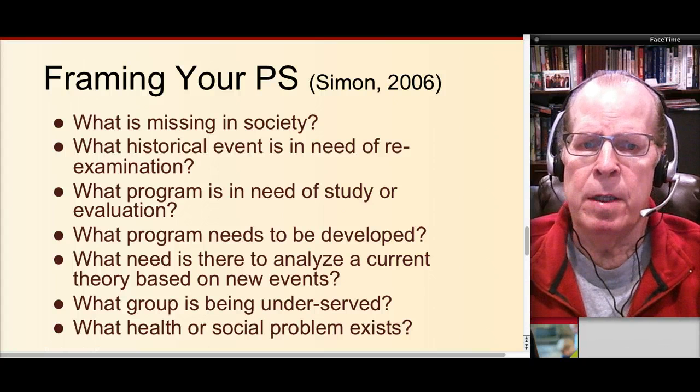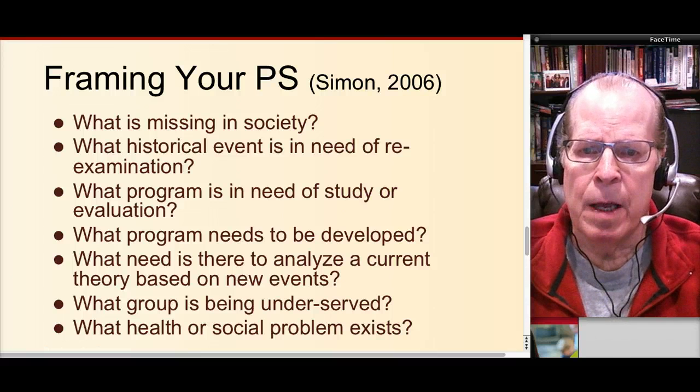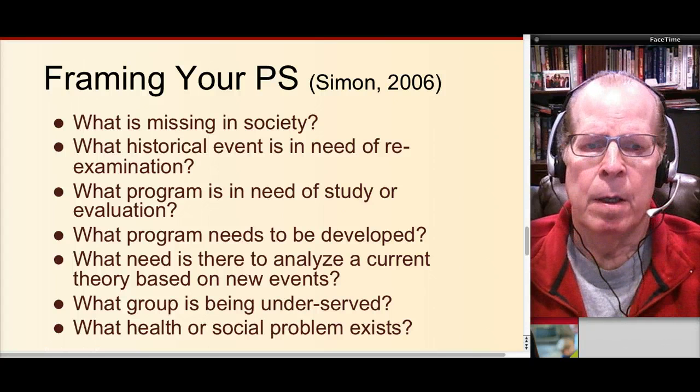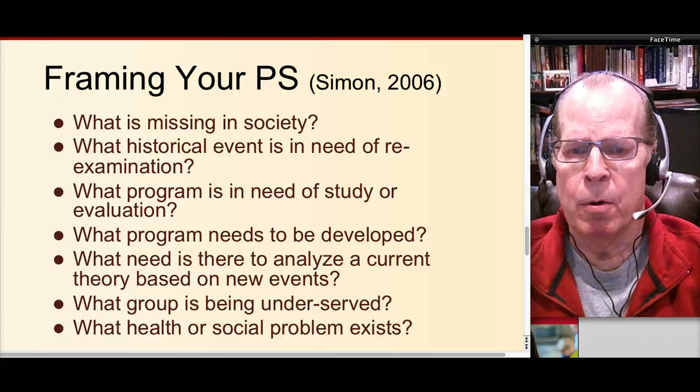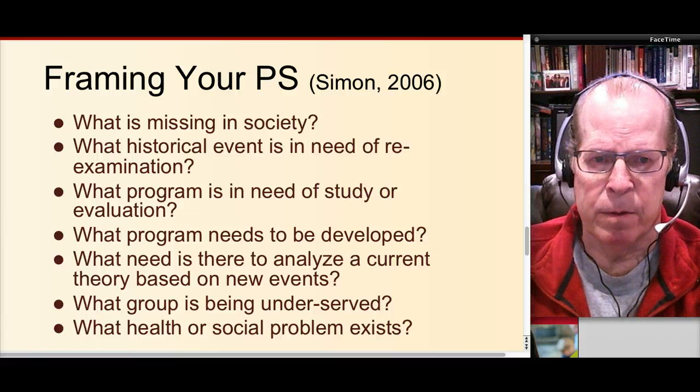What program needs to be developed, or what need is there to analyze a current theory based upon new events, or what group is being underserved and therefore you can serve them through your research, or what health or social problems exist.